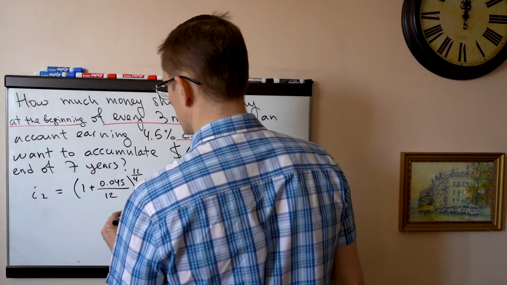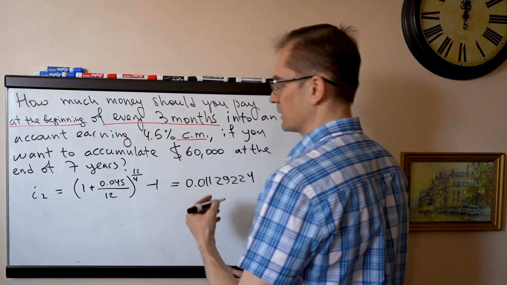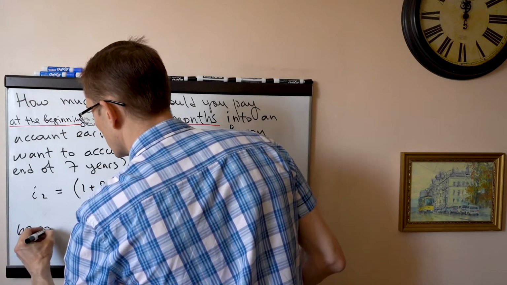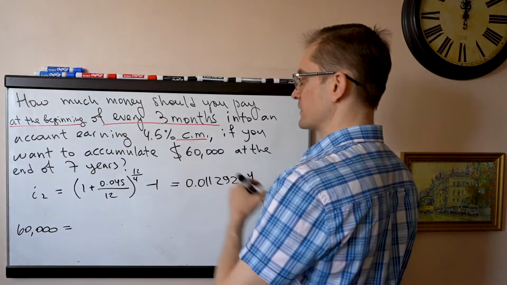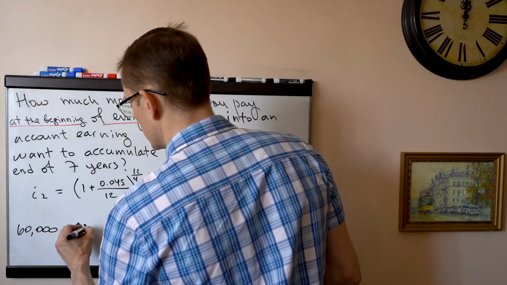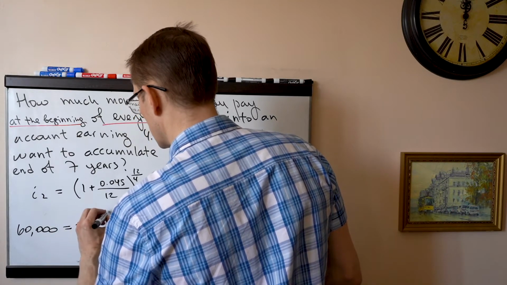Now we will need to find payment. But in order to find payment, we build our equation for the future value. So this $60,000 is the future value. We have payment, PMT, which we don't know, right?